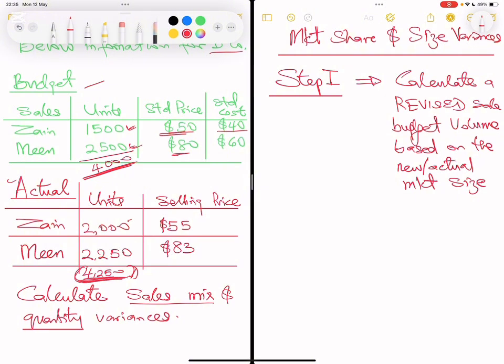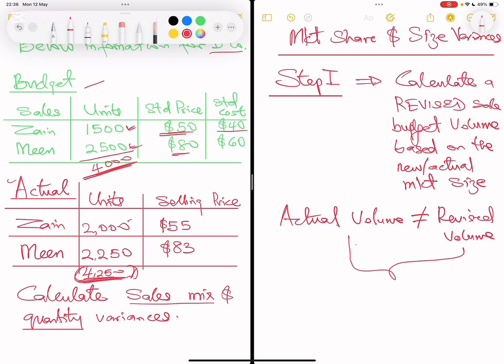So what I'm saying in summary is this. Actual volume is what we sold. If it is not the same as the revised volume, remember, you will revise the volume based on the size of the market. If this happens, then what you are saying is that there's a change in market share. So that means the market share has changed.